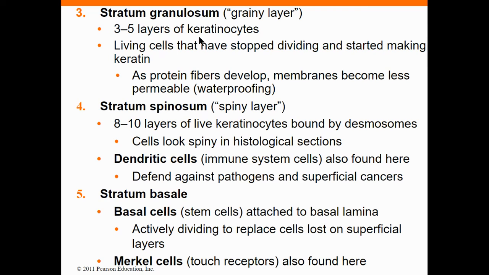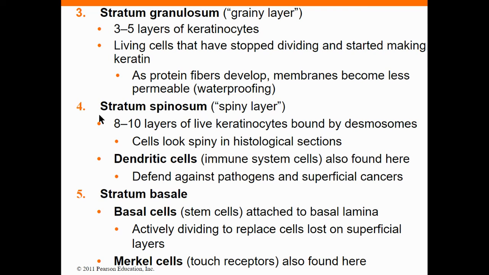So the keratin is made in the stratum granulosum. They have stopped dividing and started making keratin, again, which is that protein that provides strength. So as the protein fibers develop, membranes become less permeable and they're more waterproof. So this is why we can be outside in the rain and not melt because of our stratum granulosum.